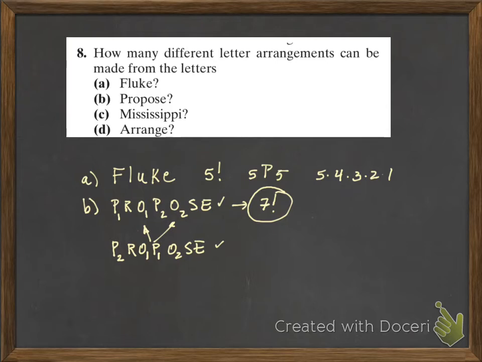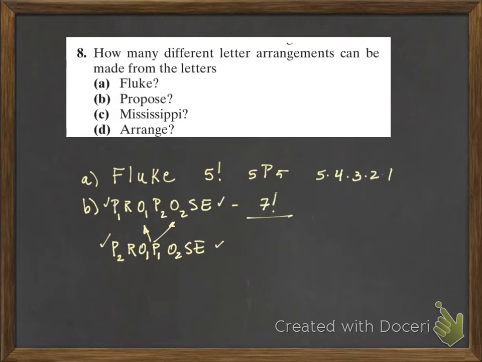So this 7 factorial is counting every arrangement that includes all the permutations of those P's. So for this arrangement, we actually count it twice because there are 2 arrangements for P1 and P2. So we can fix that by dividing out the overcounts of the arrangements of the identical letters.